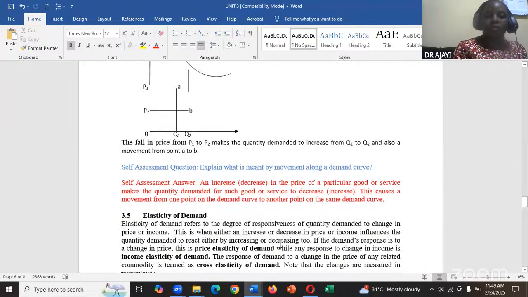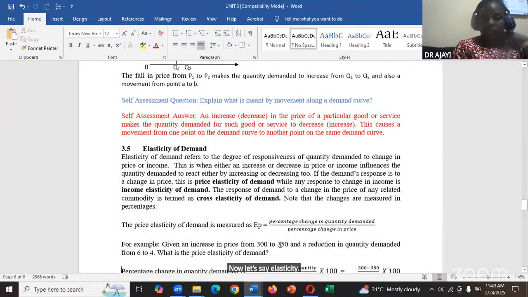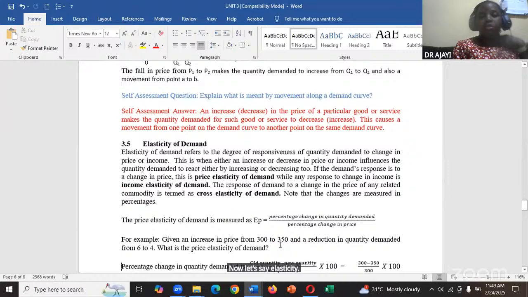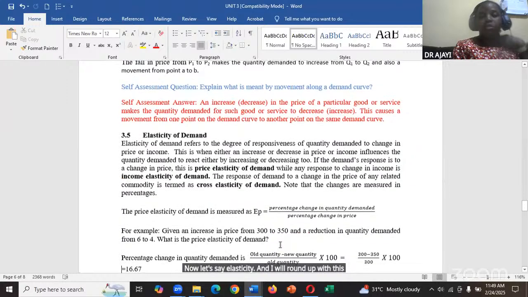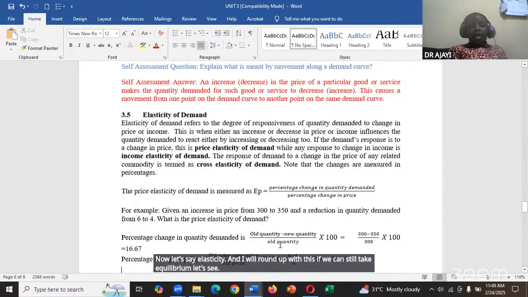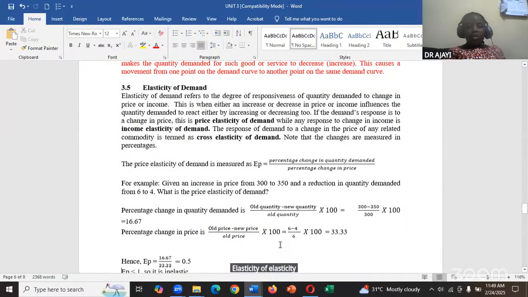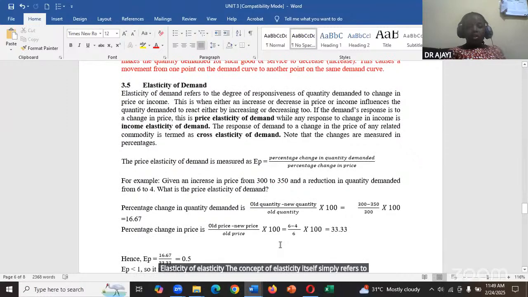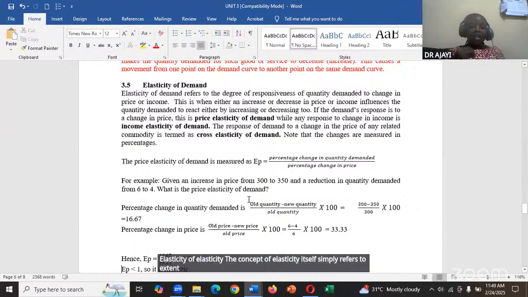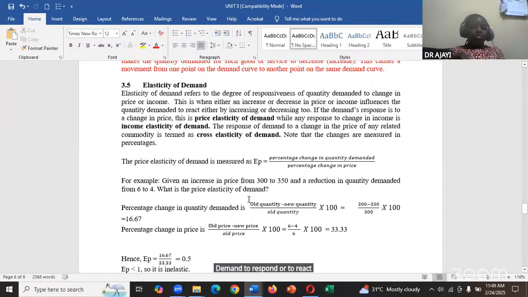Now let's see elasticity, and I will round up with this. If we can still take equilibrium, let's see. Elasticity of demand. The concept of elasticity itself simply refers to the extent or the tendency for demand to respond or react to anything that happens to the factors that influence it.